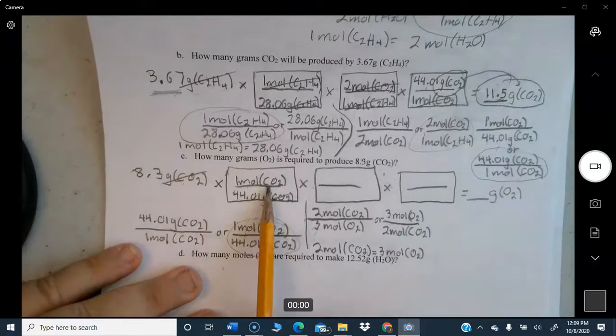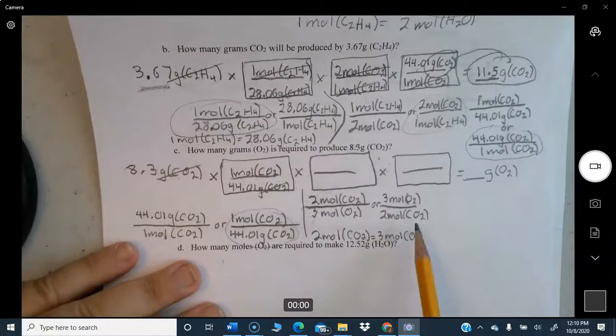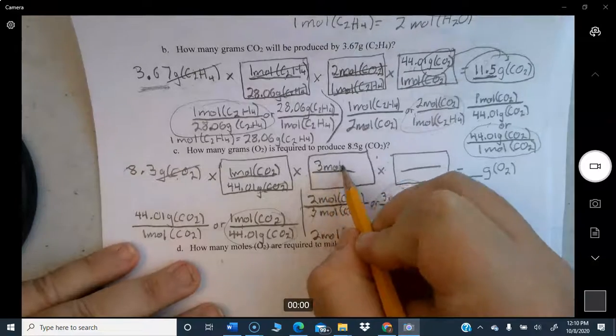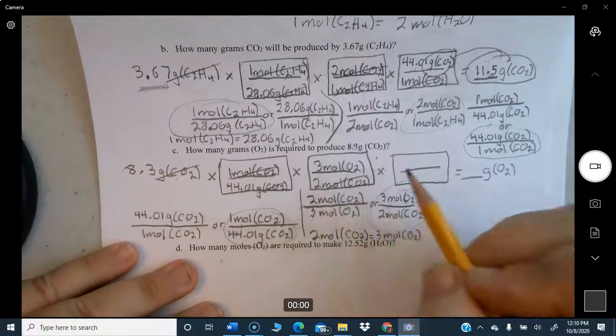Okay, we need moles of CO2 here to cancel out, so it doesn't appear in the final answer. So moles of CO2 is on the bottom on this one, so that's the one we're going to use. Moles CO2 cancels moles CO2.